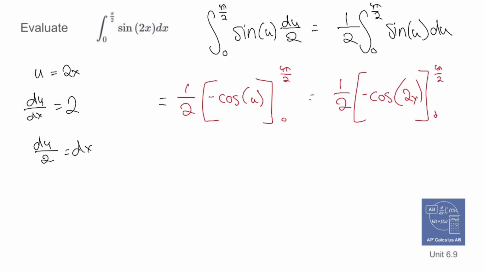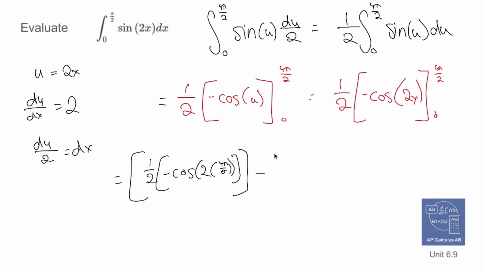Okay, limits of integration, let's do the whole thing where we make a big bracket. I have 1/2 negative cosine of 2 times pi over 2, close it, bracket it, minus 1/2 bracket negative cosine 2 times 0, close it, bracket it.